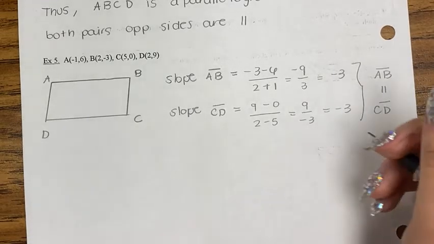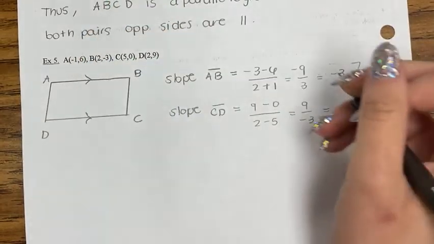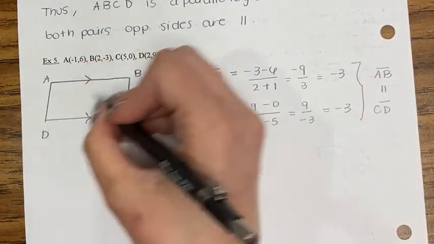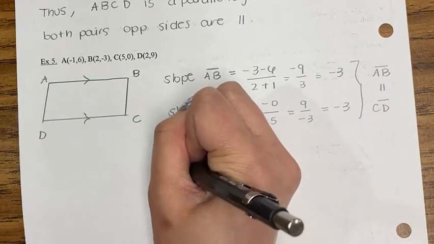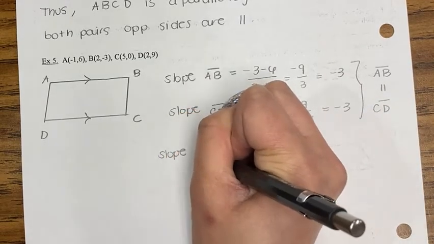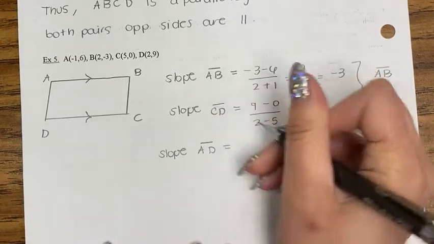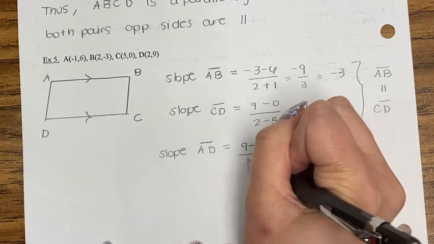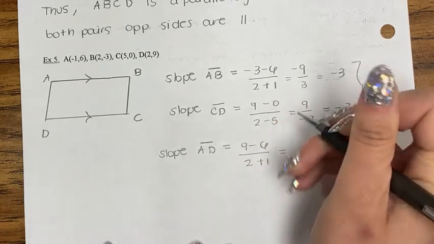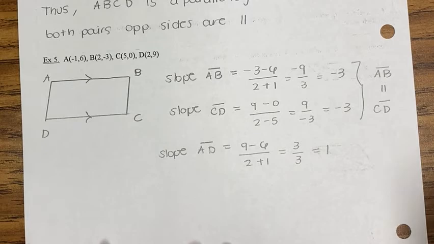So you know that this is parallel to this one. Now my next step is to prove that AD is parallel to BC. I know that the slope of AD is going to be equal to 9 minus 6 divided by 2 plus 1, which is 3 divided by 3, equal to 1.